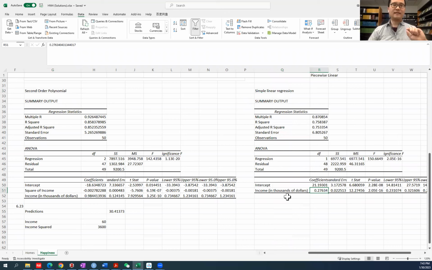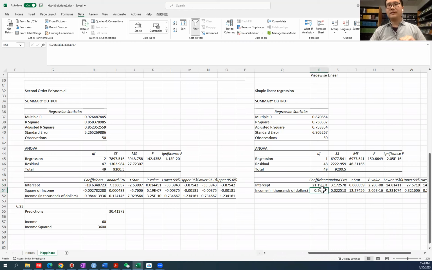If we omit the square of income, both the intercept and the coefficient or slope of income would be different from what is calculated here. This is as expected. The models would be very different when we have one set of variables versus another set as predictors, even if some of them share common predictors.